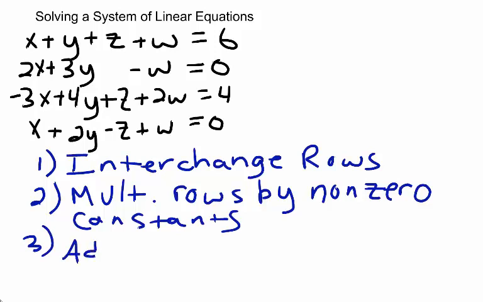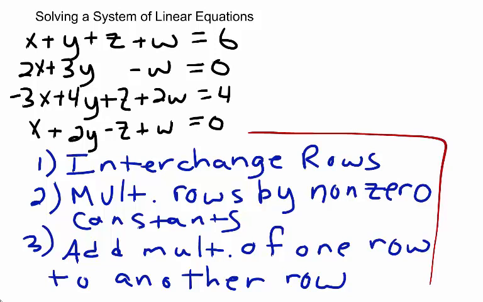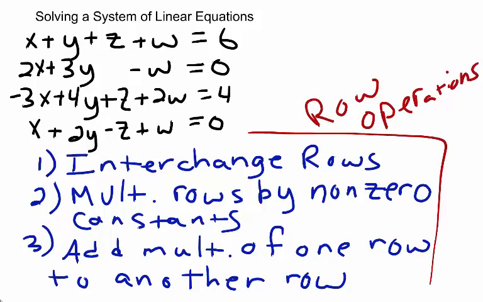Also, we can add multiples of one row to another. These are what we call our allowable row operations. So let's get started.